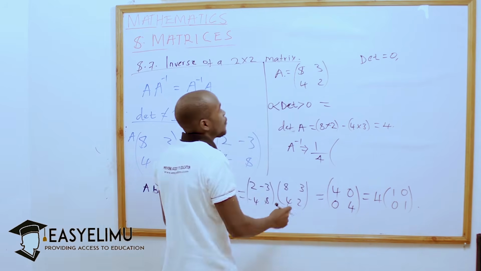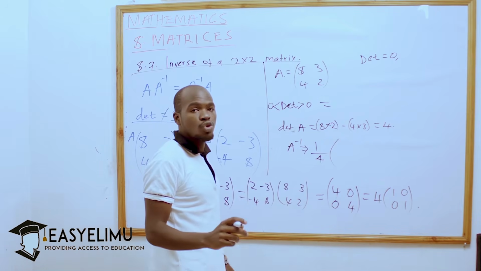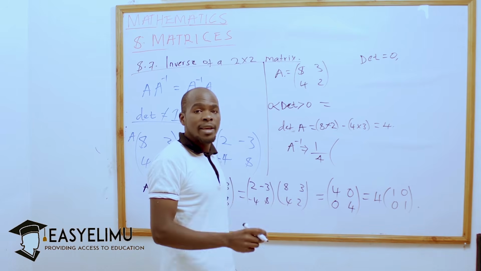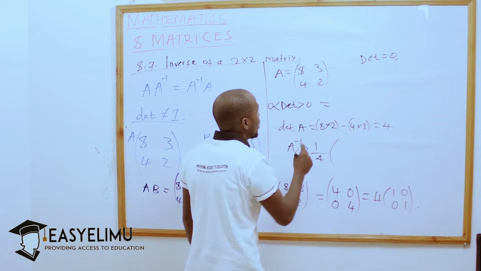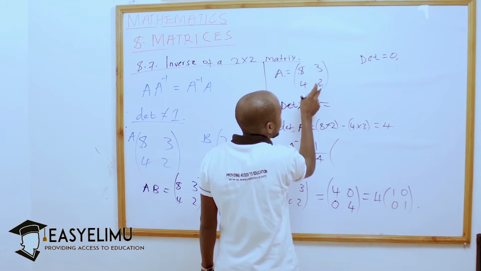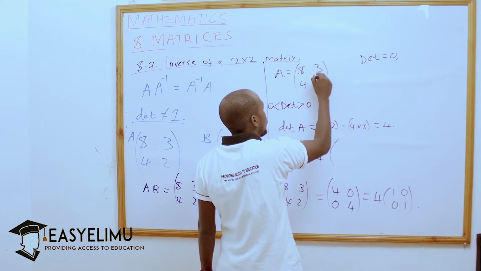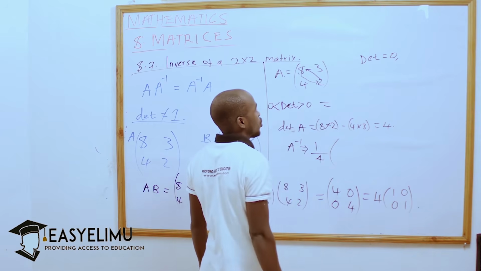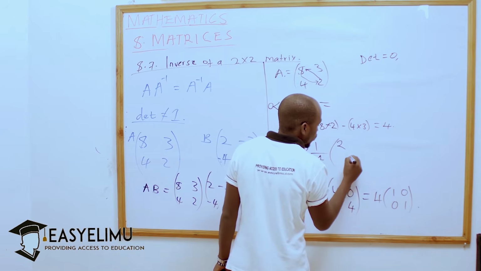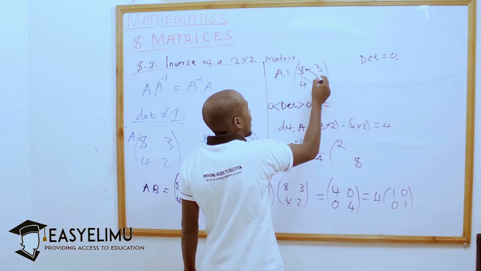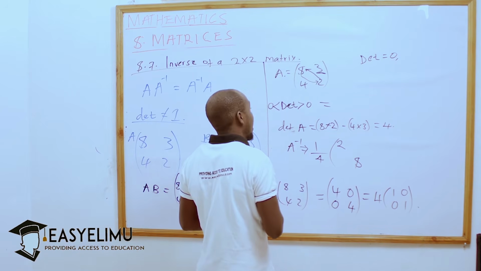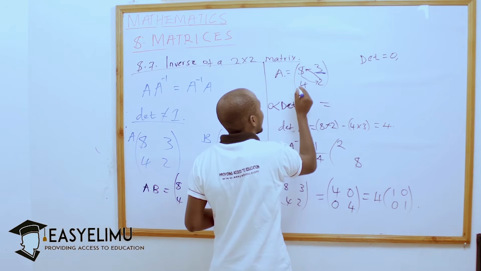And then from this matrix, we interchange the elements in the leading diagonal. So if here it was 8 and here 2, we interchange. This one moves upward and this one moves to that position. So it will be 2, 8. And for the other diagonal, the 3 and 4, we negate or change the sign.